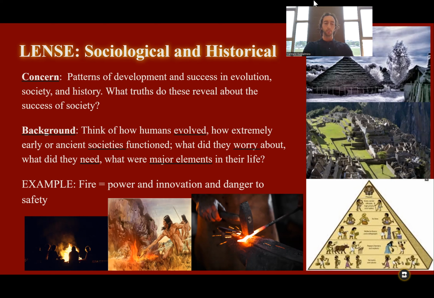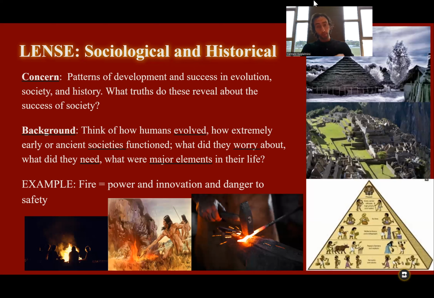Fire through this lens is a signifier of power and innovation and the danger to safety, okay? So fire provides us power. It provides us ingenuity and innovation, as it did for our ancestors in society and history. However, it is also a danger to our general safety. Think wildfires and that sort of thing. So it is something very threatening as well.